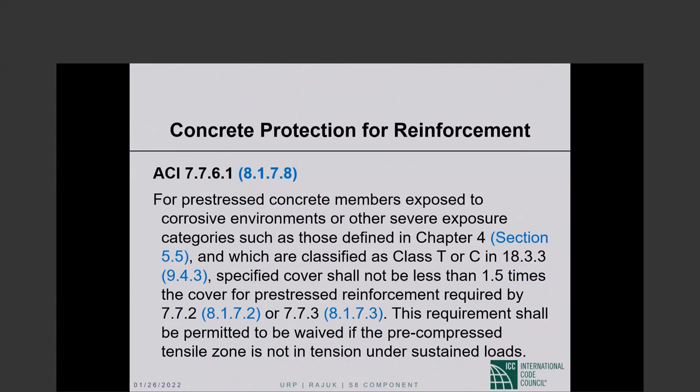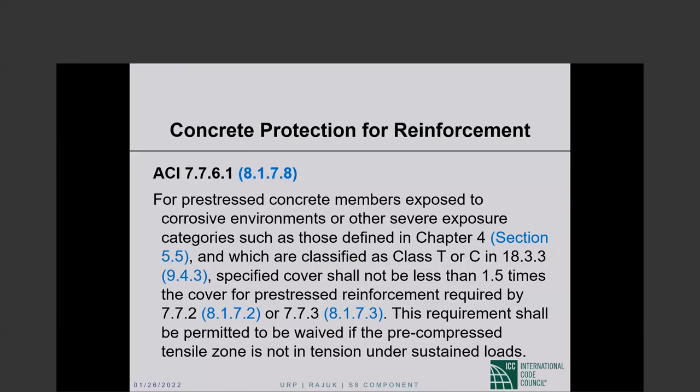Yeah. So for pre-stressed concrete members exposed to corrosive environments or other severe exposure, all this is saying is, so pre-stressed concrete members now can be class U, class T, or class C. U for uncracked, C for cracked, T for transition. And the classification depends on the tensile stress under service level loads.